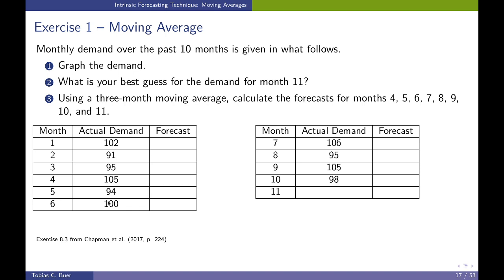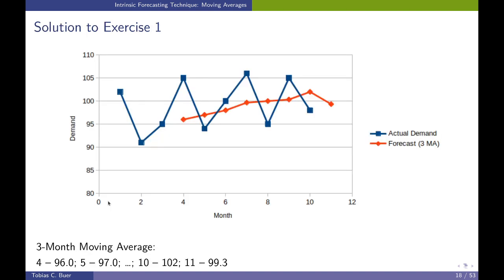We take the average by dividing by 3, and then the forecast for month 4 would be 96. You repeat this for the other months, and you always take the actual demand. You do not take the forecast calculated. You calculate the moving average by taking the actually observed demand.